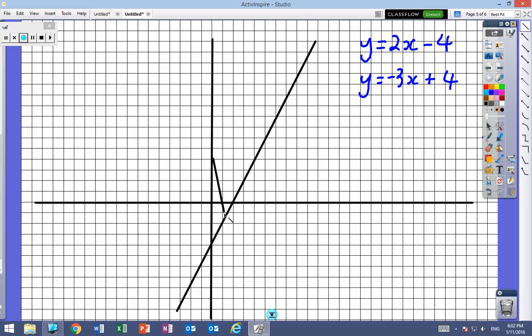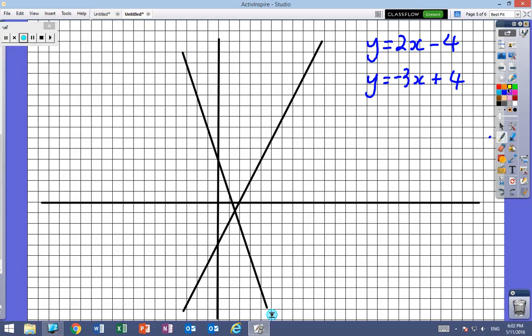Looked something like that. See this point here? If you're asked to solve graphically, all you have to do is draw the two lines, circle it and say, there's the solution. There it is, and you are done.